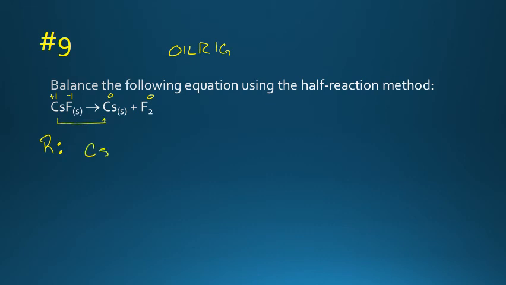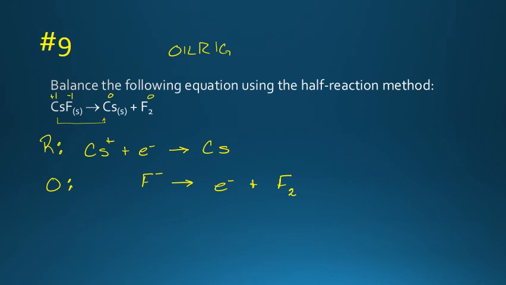So we have cesium, and it gained an electron. The cesium ion gained an electron to become the cesium atom.